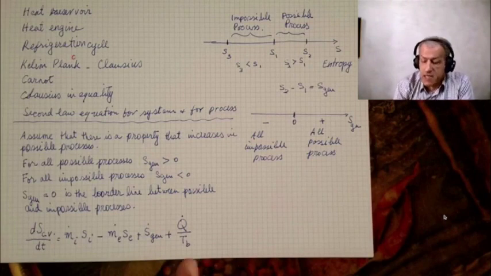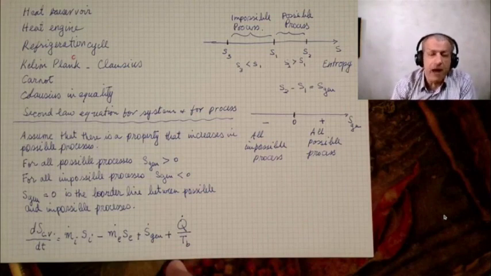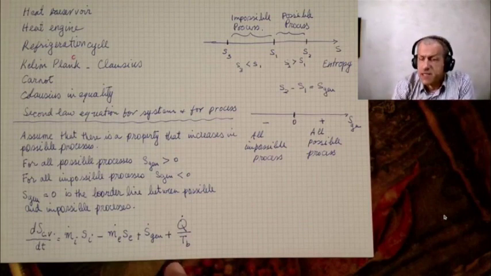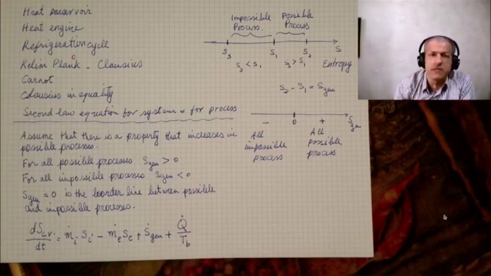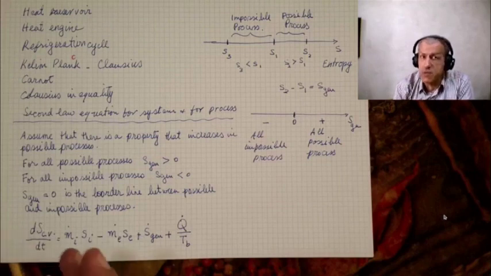Because it is using heat transfer and the temperature of the boundary where that heat transfer occurs as a means to show what is possible and what is impossible. And that is interesting. It is using a very basic natural concept: if you have two bodies, one hot and one cold, the possible process is the heat transfer between the hot body and the cold body.